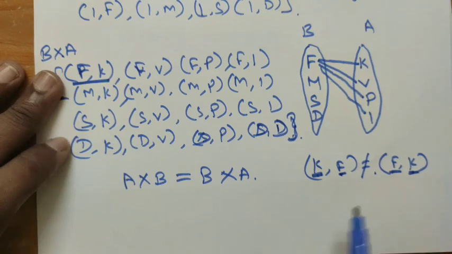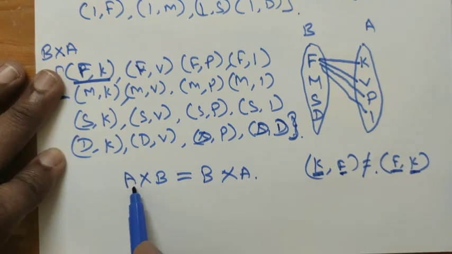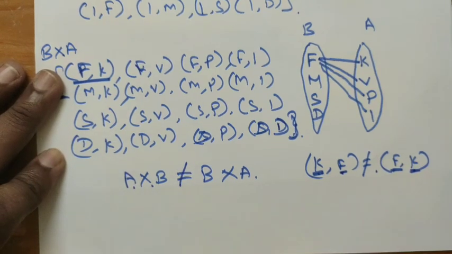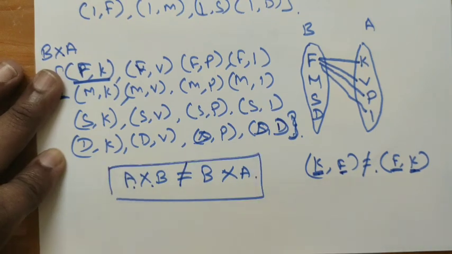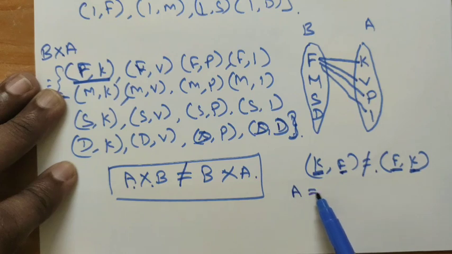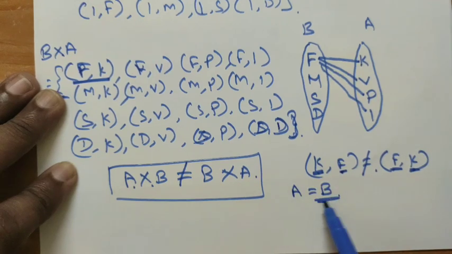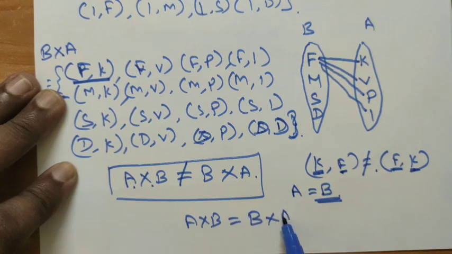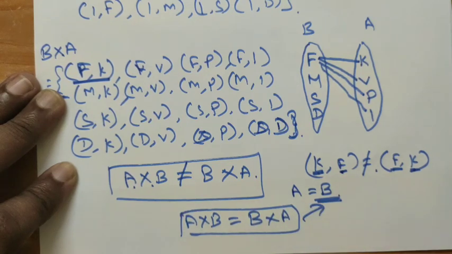Surely it is not equal, so always A into B is not equal to B into A. This is the condition. Only when set A and set B are both equal can we say A into B is equal to B into A; otherwise it is not equal.